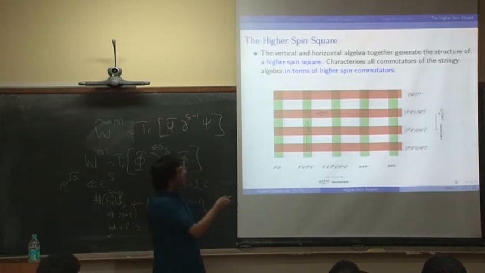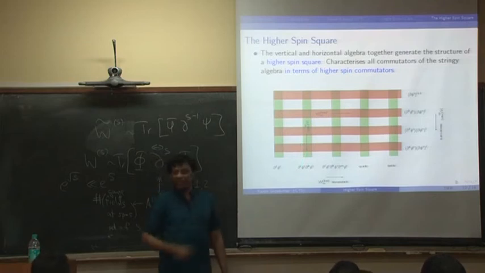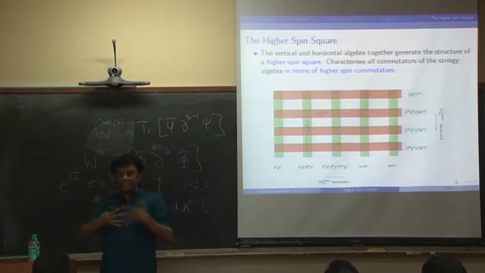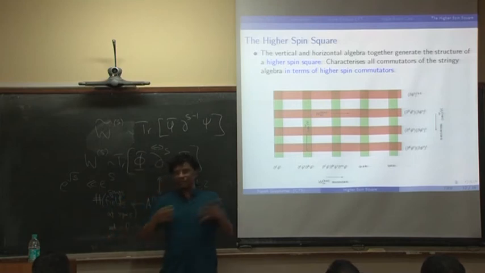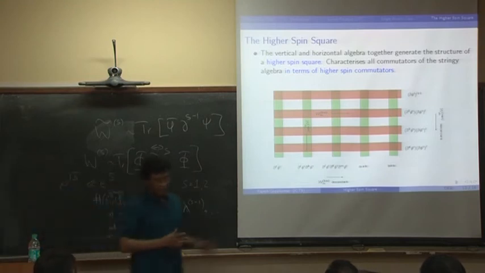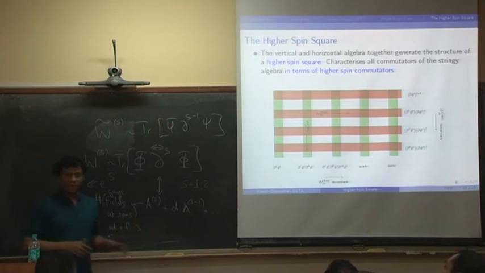But you could have alternately gone this way and gone to this column, and similarly for this one, you could have gone here and then taken the vertical W infinity commutator. So in fact, there's a consistency requirement that these two algebras satisfy, some Jacobi identity type of thing, that whichever way you do it, it should form a closed algebra.